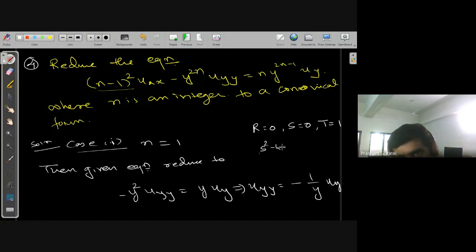That means s square minus 4rt: s square is 0, 4r is 0, and t is 1. So it is 0 minus 4 into 0, which gives me 0. So s square minus 4rt is 0, and this equation is of the parabolic type. And this is actually a canonical form of a parabolic type.